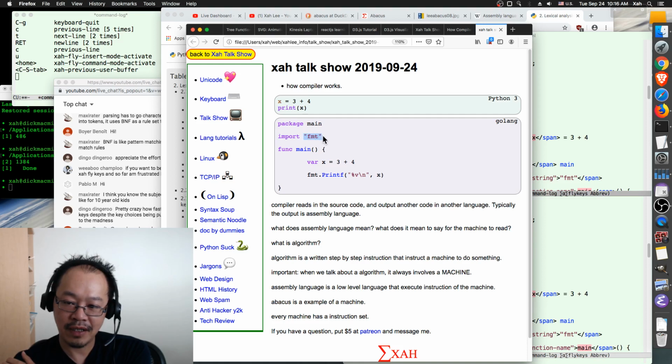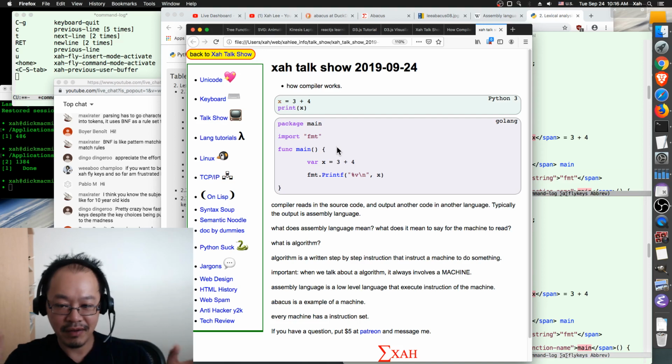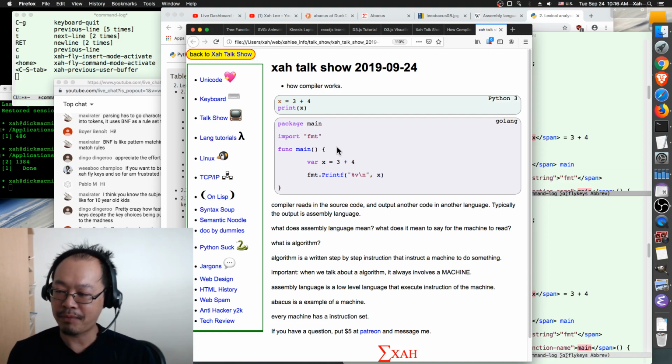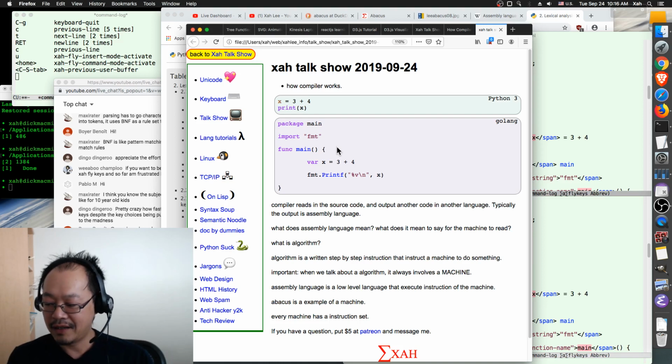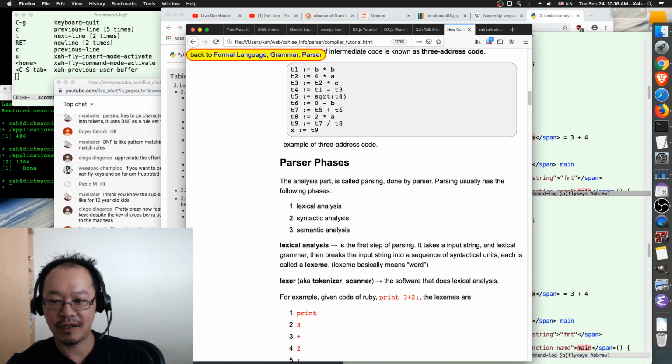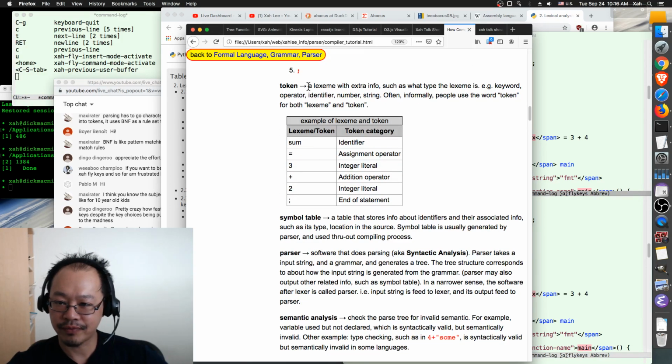Then the whole quoted thing will be a string token, or sometimes 3 tokens, like the double quote, then fmt. I think the whole thing is a token. But anyway, then func, main, then the parenthesis, that's a token. That's the first step of parsing. You break down the source code, a sequence of characters, into a sequence of tokens, and this is called tokenization. This is part of the compiler process.